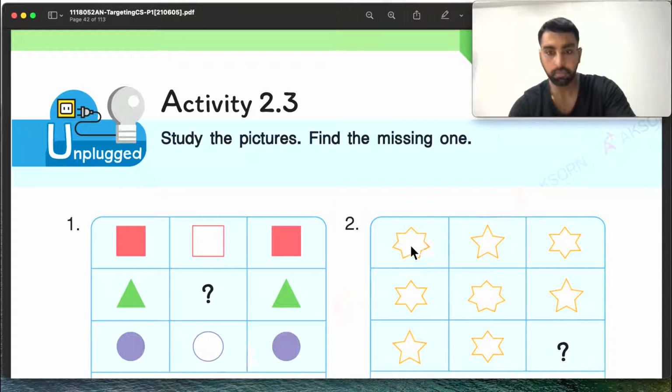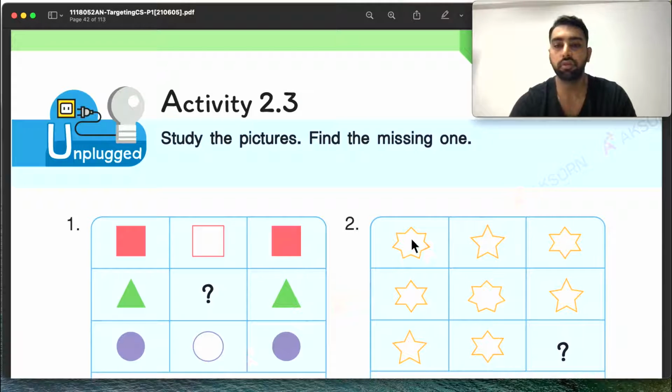So here you can see how many tips are on these shapes. You have to count 1 2 3 4 5 6 7 8. 1 2 3 4 5 6 7. Then 1 2 3 4 5, and then 1 2 3 4 5 6.